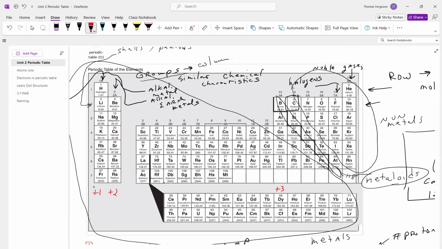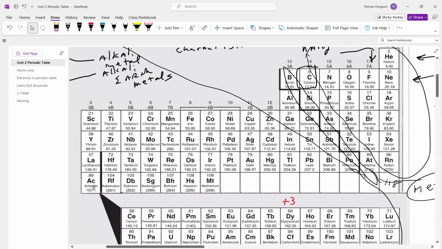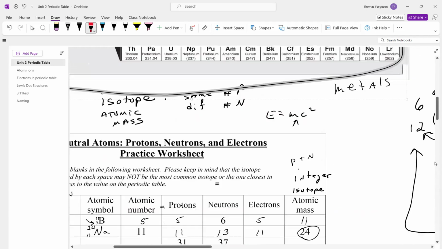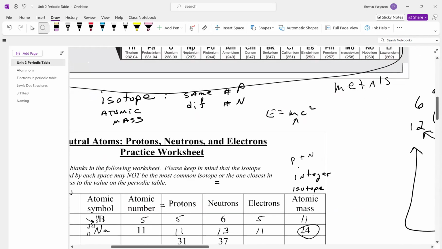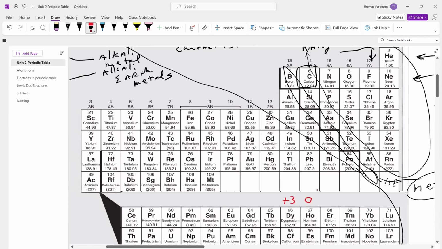Starting with boron, they all do +3. The carbon group doesn't form a charge.